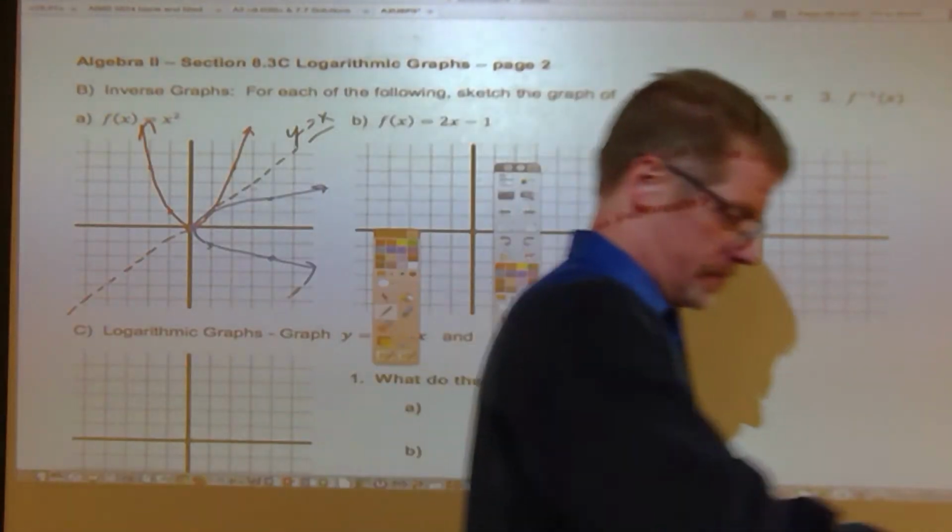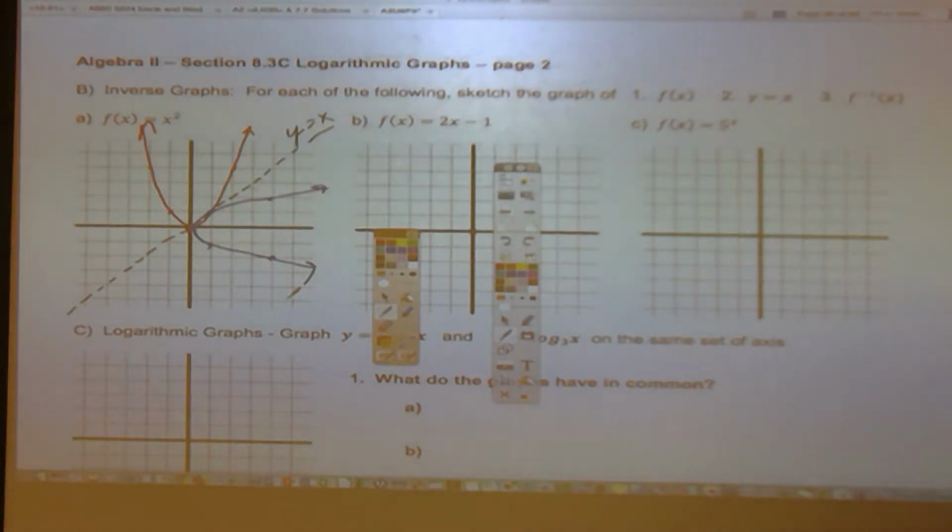Questions on this? Alana? How do you know when it's a parabola versus just a line with an asymptote? Yes, I'm glad you asked that. Now, the graphs with asymptotes will be either a log graph or a function that has a variable exponent.